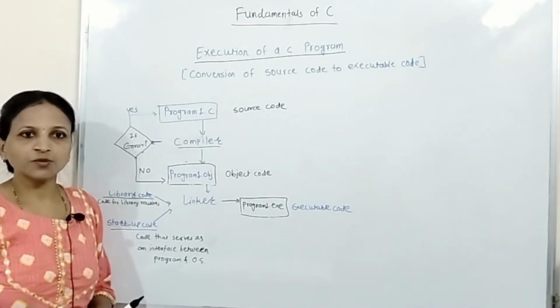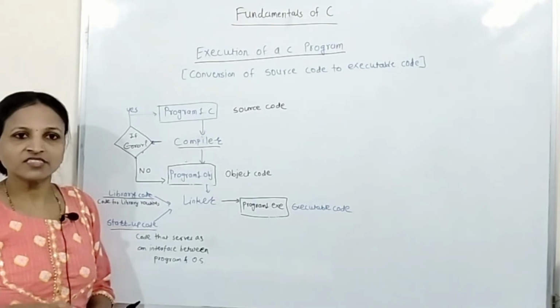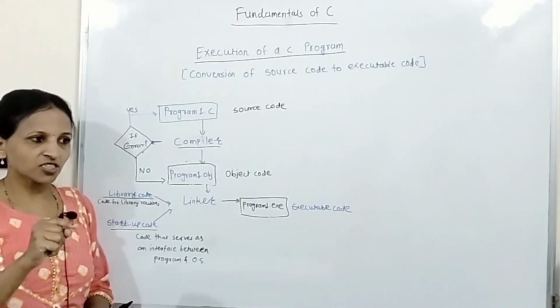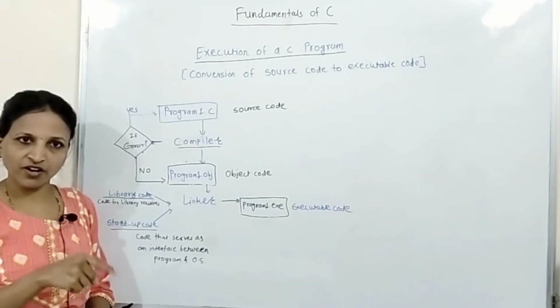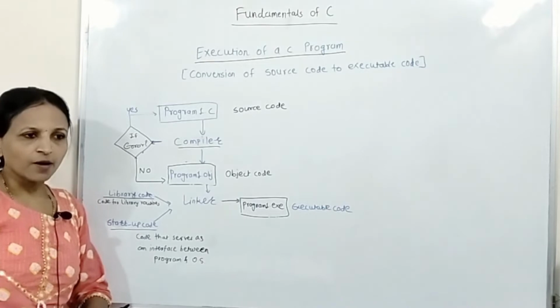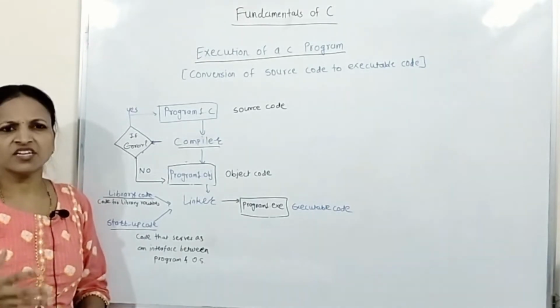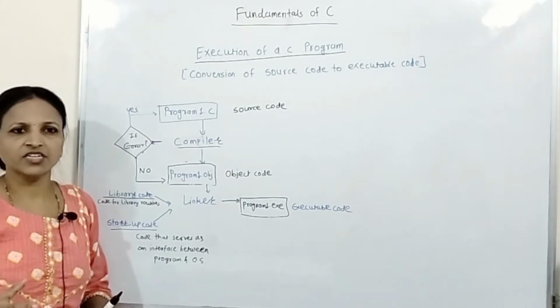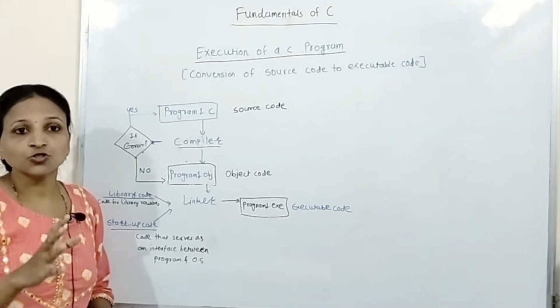And whatever C program we have written, we have to save that file using the .c extension. That extension will indicate that the file is a C program. Now whatever program is written by the programmer, it may be in any language like Java, C, C++, Python, or any language, that is always called the source code.